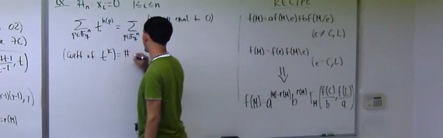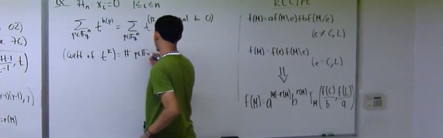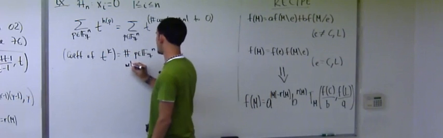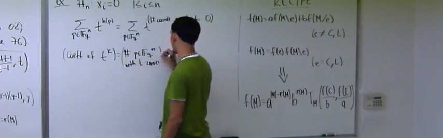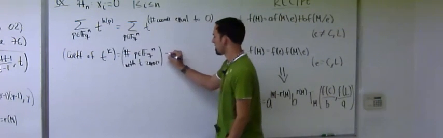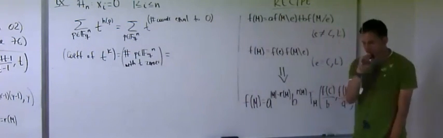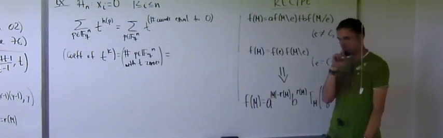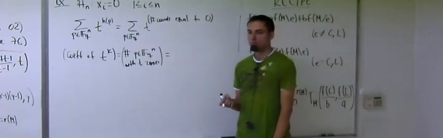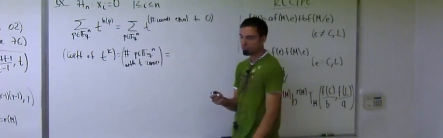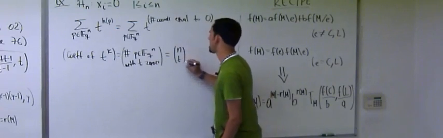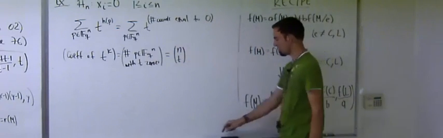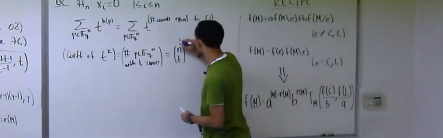Well, it's the number of points with k zeros. So how many are there? You have n spots, and you have to choose where the zeros go. Out of the n spots, you have to choose which k of them are going to be zeros. So these are the 0 coordinates.